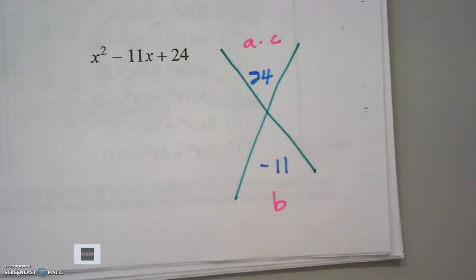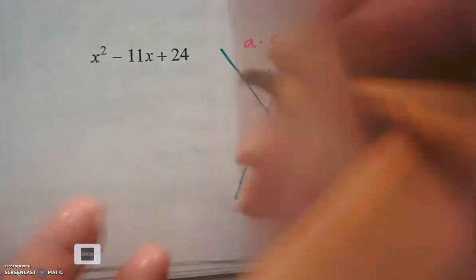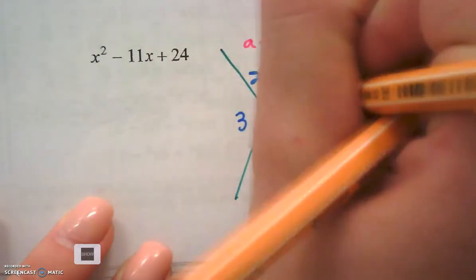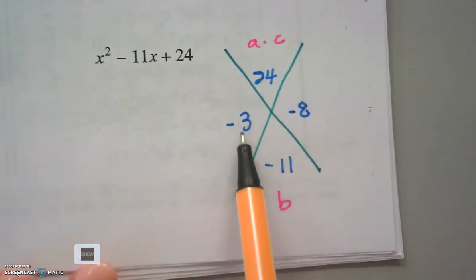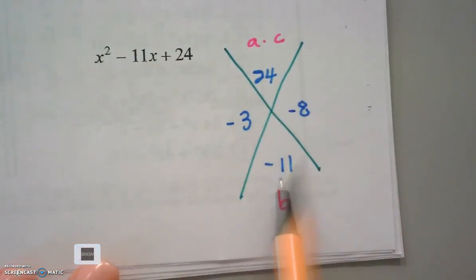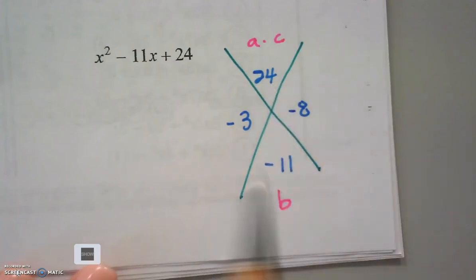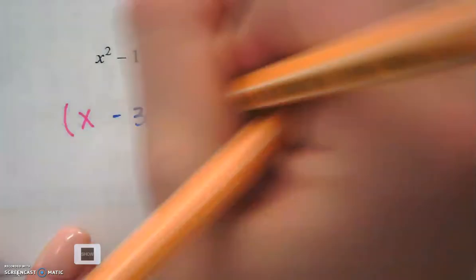What could multiply to be 24? 1 and 24, not going to work. 2 and 12, can't get me 11. 6 and 4, still not going to work. 3 and 8 are my last hope, and they'll be negative. A negative and a negative gets me a negative sum, and a negative times a negative gets me a positive. So I'll write down my template, and in one box will be the negative 3 and the negative 8.